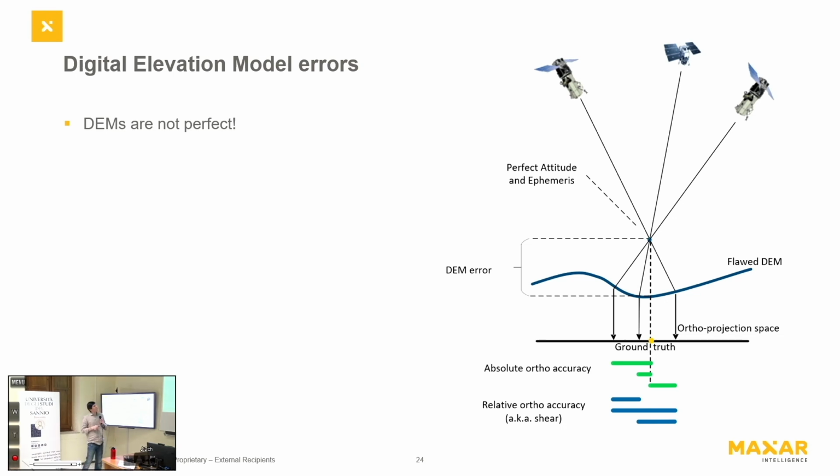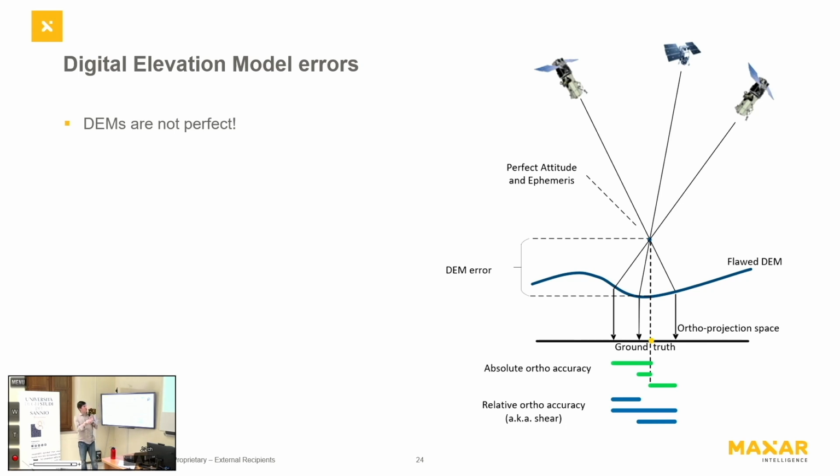Now, one thing to see here is that you have perfect attitude and ephemerides. This is basically saying that you know exactly where the satellite is in space, flying, and you also know exactly where the camera is pointing. I don't remember how many kilometers per hour satellites go, but they're going pretty fast. And you need to know exactly where you are and where you're pointing.